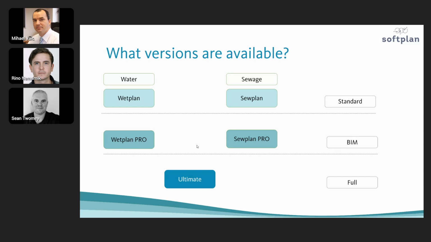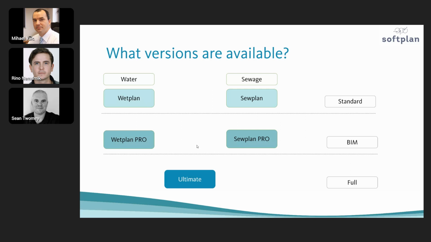So if you have, let's say, 2 or 3 or any amount of pipes going in the same trench, you can design that, and then you can also run the excavation calculation report and get all the quantities of the excavation and all the backfill layers for that complex multi-pipe trench.